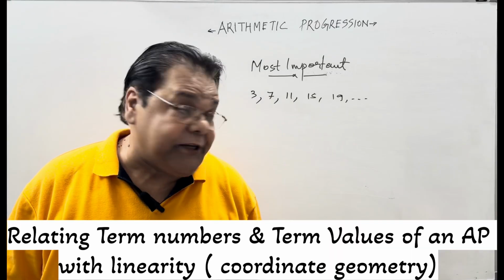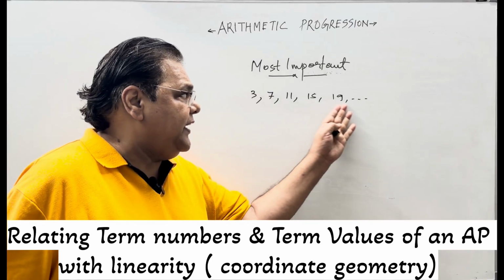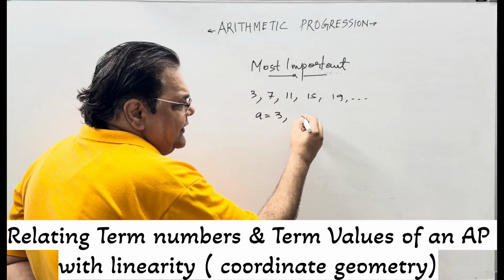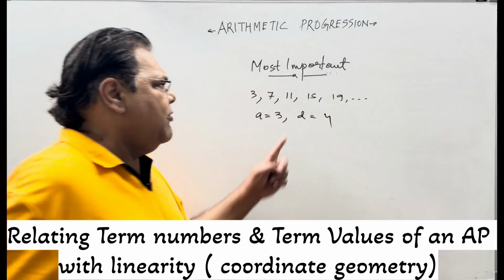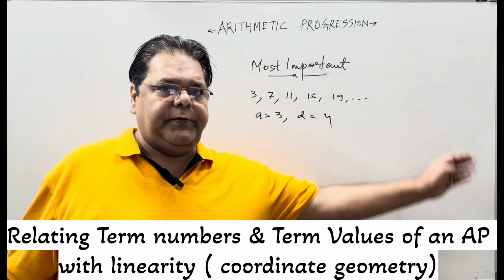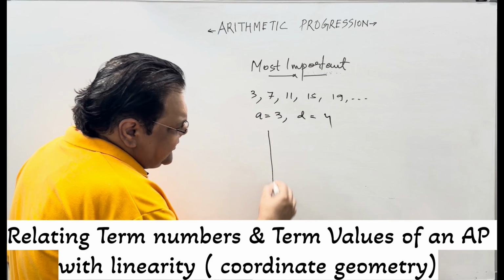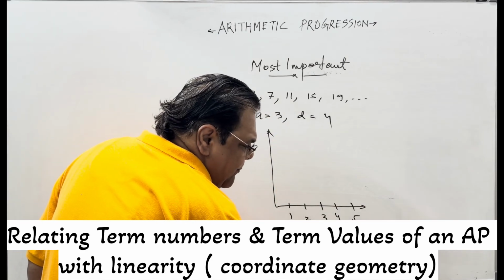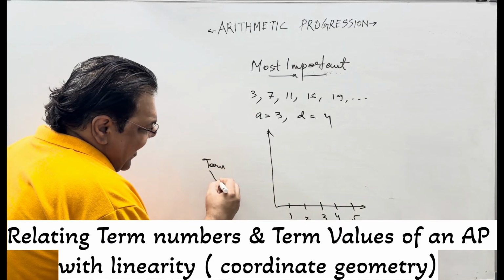This is very important. You see a sequence here, 3, 7, 11, 15, 19. The first term is 3, and the common difference you can see is 7 minus 3 is 4, 11 minus 7 is 4, and so on. The best thing to visualize this is to just plot the graph. These are the term numbers, and you can plot here term values.